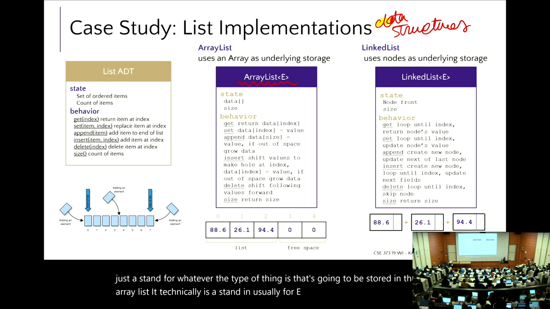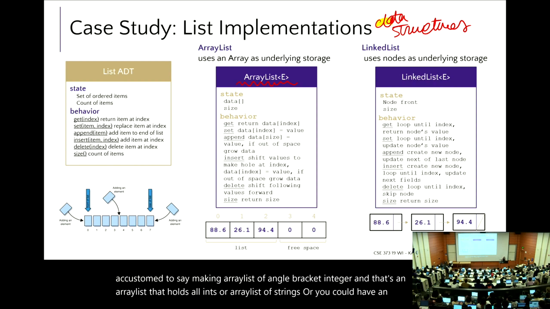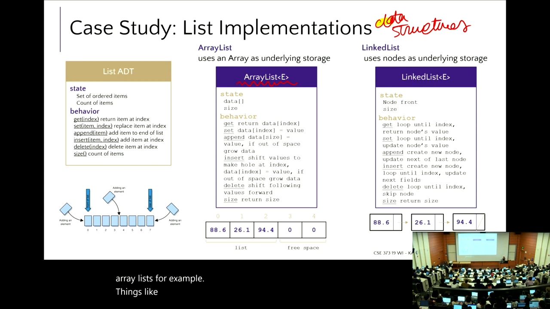So you might be accustomed to, say, making array lists of integer, and that's an array list that holds all ints, or an array list of strings, or you could have an array list of array lists, for example, things like that.